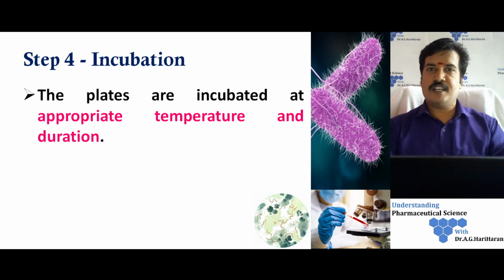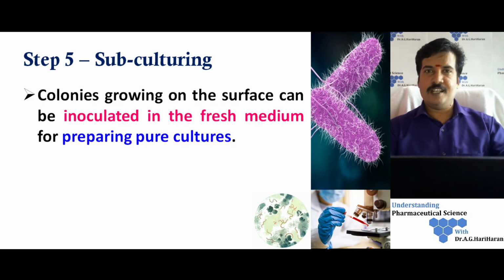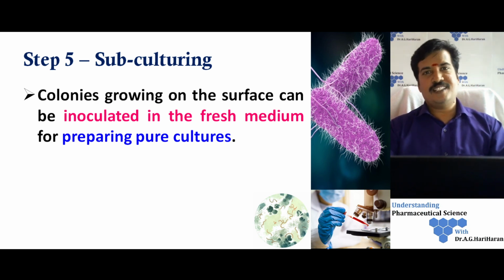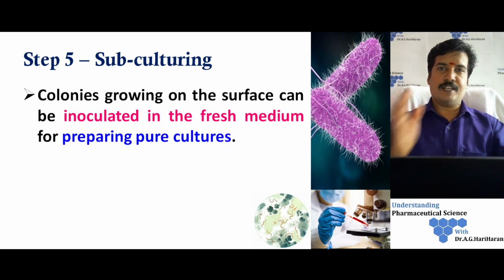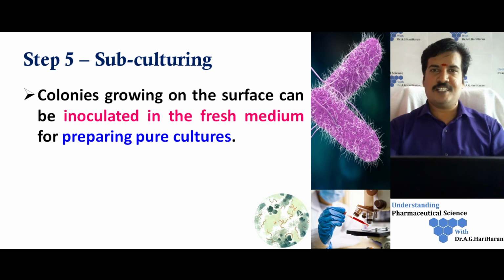After that, individual colonies will grow in the fourth sector. Finally, they are subcultured by transferring the individual colonies from the fourth sector with a sterile inoculating loop or needle into fresh medium. Once through, we get a pure culture of that particular microorganism and we can use it for further studies.